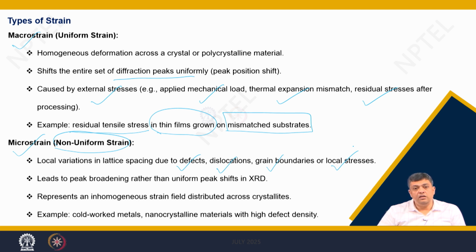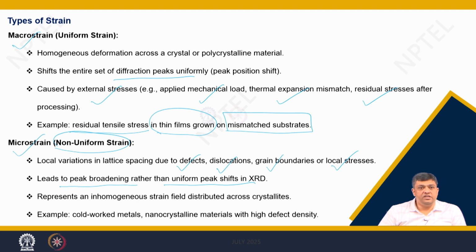Because of these competing structural instabilities, you can start seeing local stresses in the lattice, which induce these kinds of micro strains. This results in peak broadening rather than a uniform peak shift.